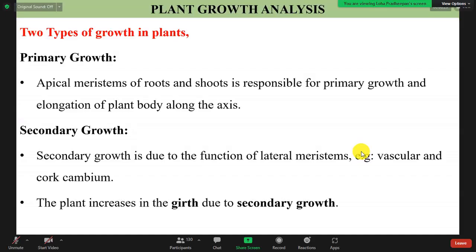Due to this, the girth of the plant increases, so the diameter of the plant increases. If the plant height increases lengthwise, that comes under primary growth. In secondary growth, the girth of the plant increases. That is the main difference between primary and secondary growth.